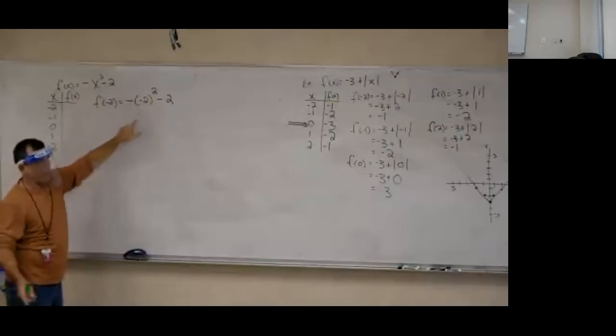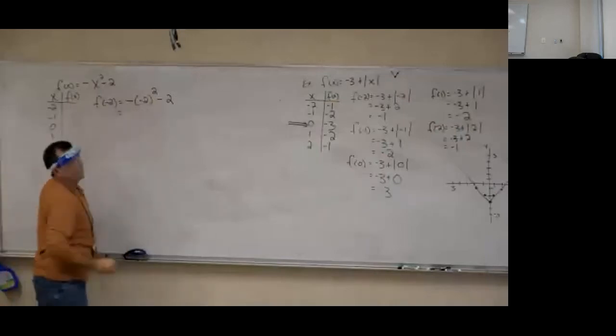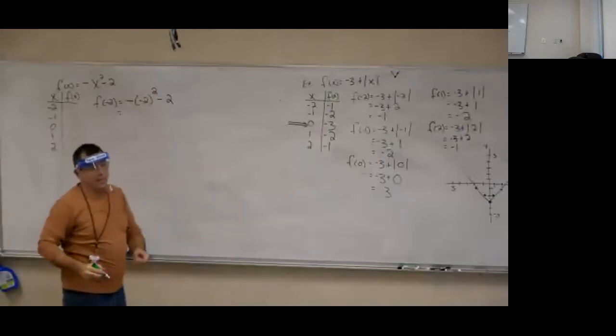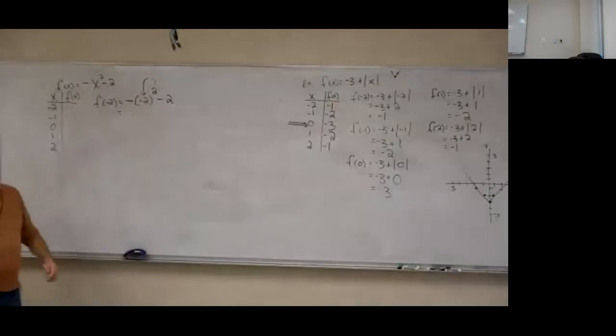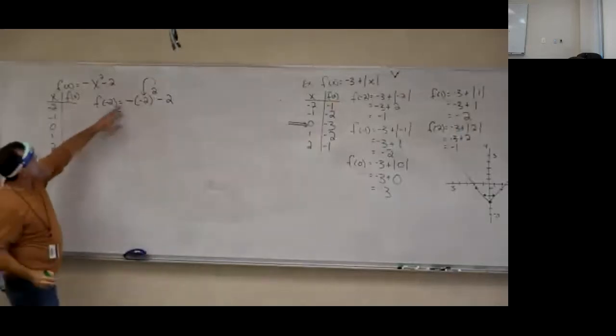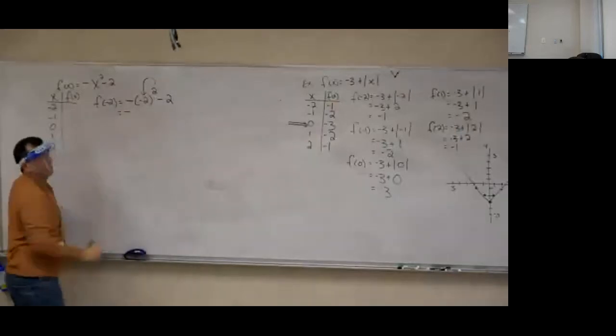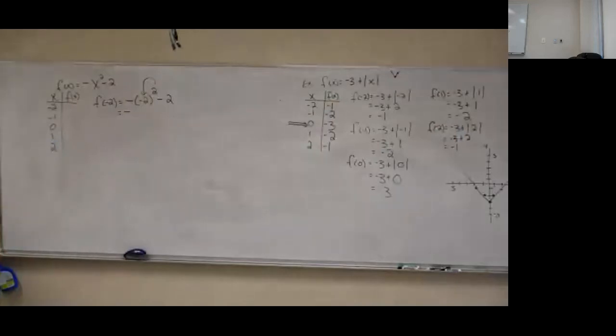Now, do not make that a positive 2. Can't multiply yet. First thing you got to do to this one is that exponent. So this negative, I would just bring it down. So what is a negative 2 squared? So negative 2 times negative 2? Negative 4. Oh, it's close, but it's a positive 4.